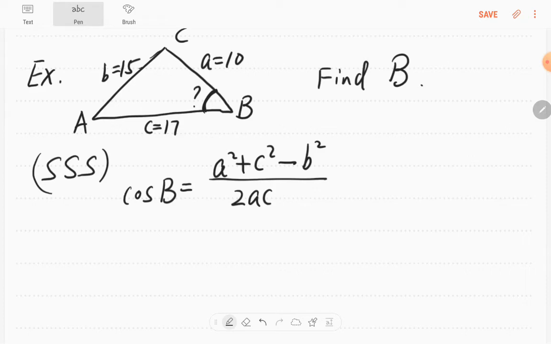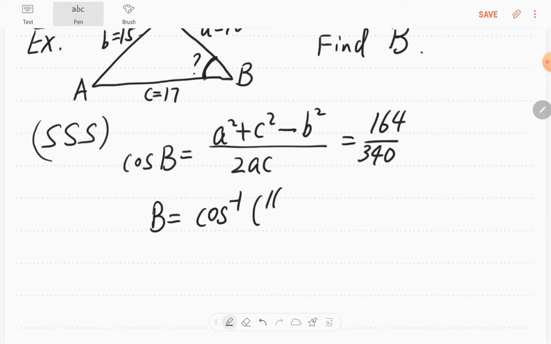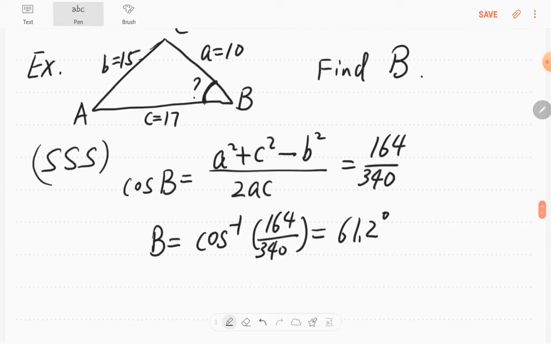If you do the calculation, it would be 64 over 340. Of course you can simplify it. Then B would be cosine inverse of that, which gives you an angle of 61.2 degrees. So we have only one angle.